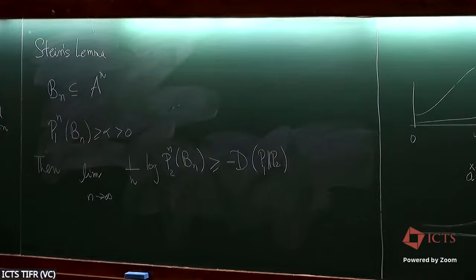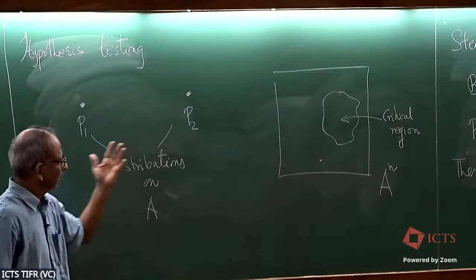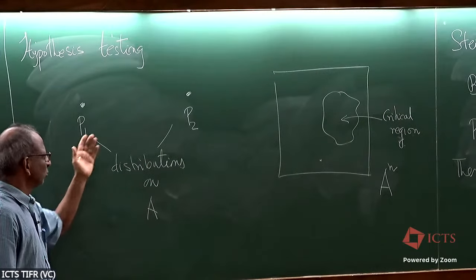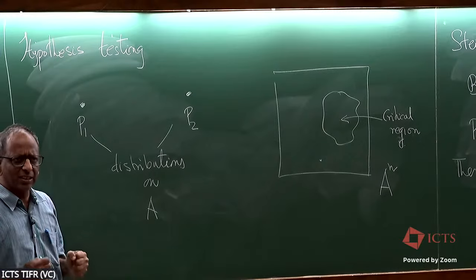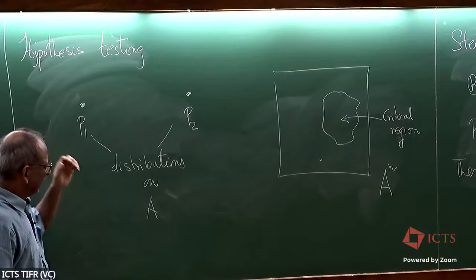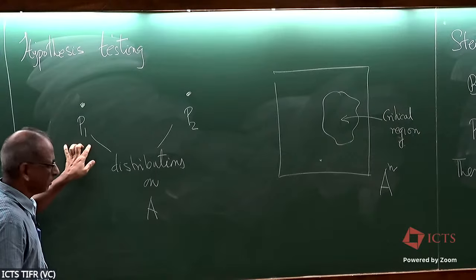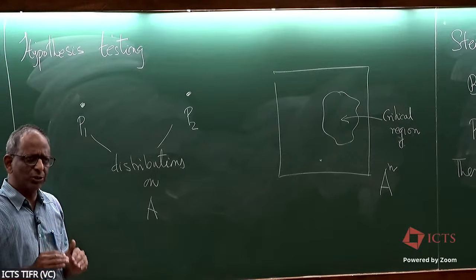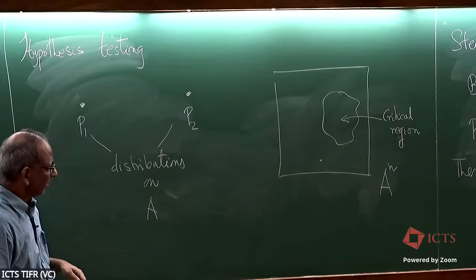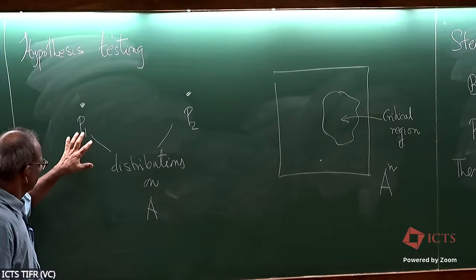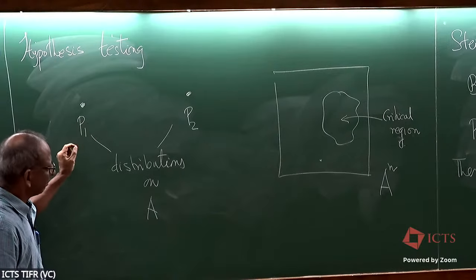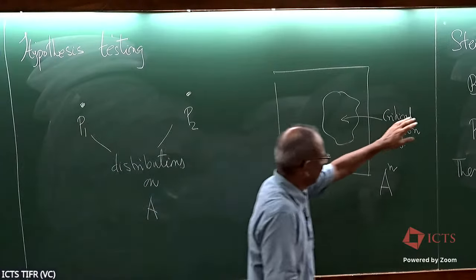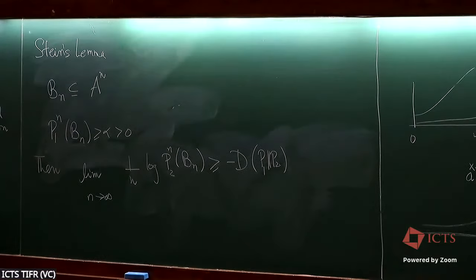So usually in statistics, when they're trying to distinguish between two hypotheses, what they say is, give me a test so that if the samples are drawn from this, I should get some constant probability of success, that the sample should fall in the set Bn with constant probability.